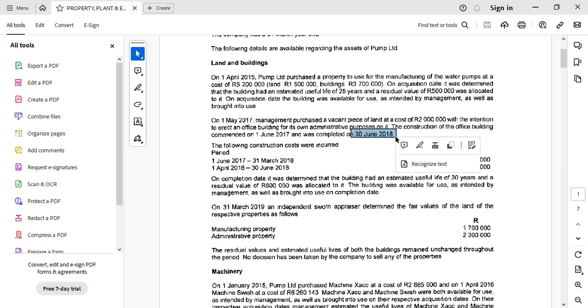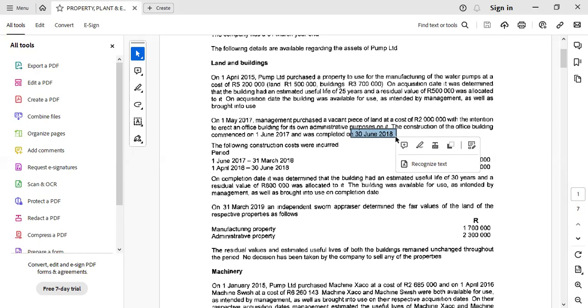Okay, I meant a heading of work in progress. We don't have work in progress when we are recording buildings which are property, plant, and equipment. But if it was inventory, that's when we talk about work in progress.